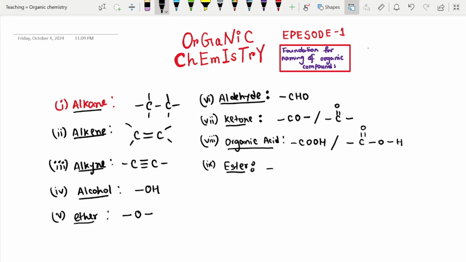Ester is bond COOR, where R is alkyl, or you can also write it like this: bond C double bond O bond R. Then number 10 is nitrile group, which is bond CN.